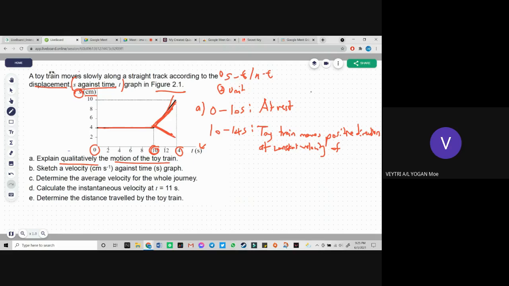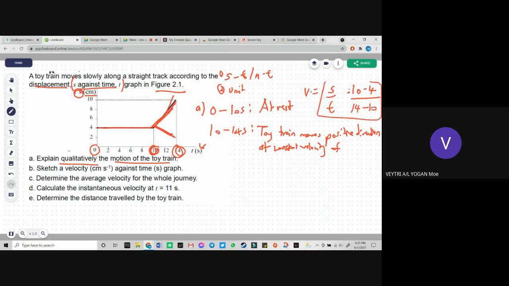Now what is its value? Can any one of you calculate for me, from 10 to 14 seconds, what is the value of constant velocity? Velocity is what? Displacement over time, right? Its displacement is how much? 10 minus 4, divided by 14 minus 10. Why?